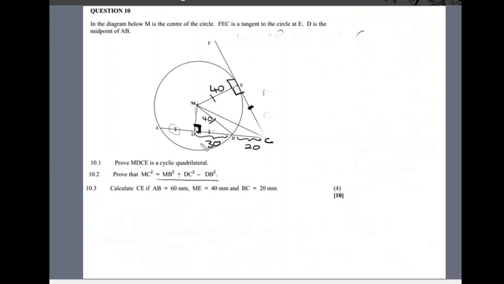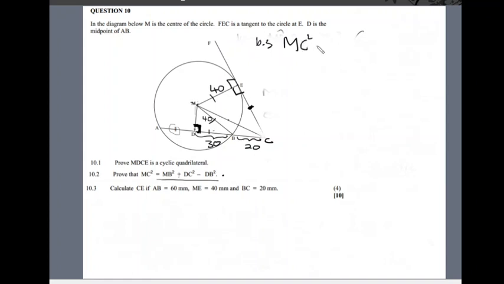So to calculate CE, we will use the theorem of Pythagoras again. So we will have to calculate MC, and then after calculating MC, we will be able to calculate EC. So I will use what we have proved from 10.2. So 10.3 will apply this equation here.